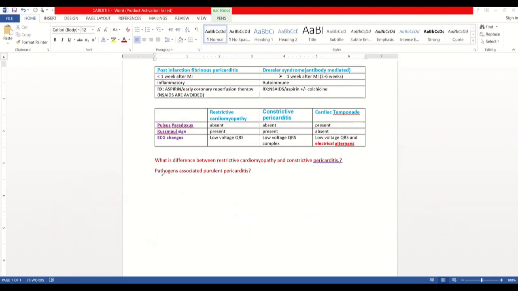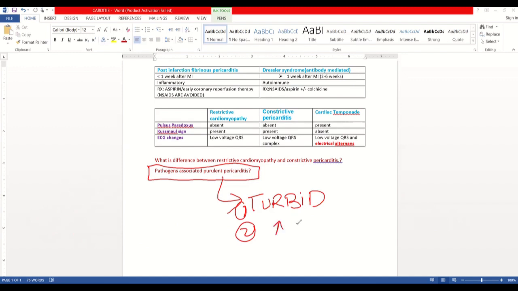Right. So now the pathogens associated with purulent pericarditis. This is again high yield stuff. The pericardial effusion in purulent pericarditis is turbid and predominant in neutrophils.